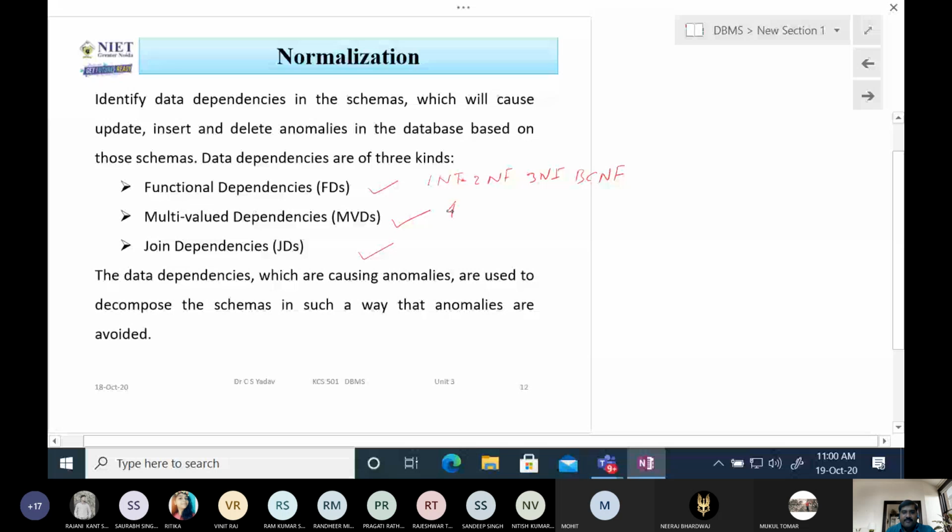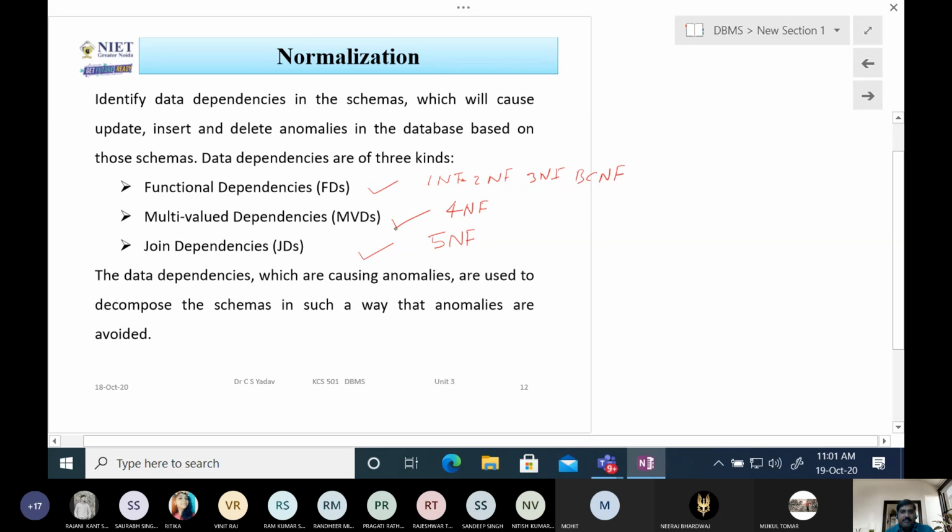And in fourth normal form, we will remove multi-valued dependency. And join dependencies we remove in fifth normal form. And all are in the third unit. And one by one, I will explain all the normal forms.